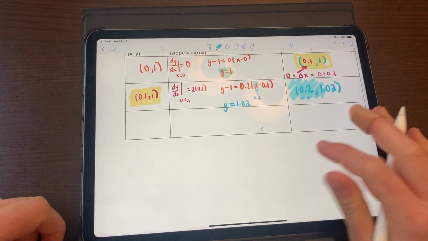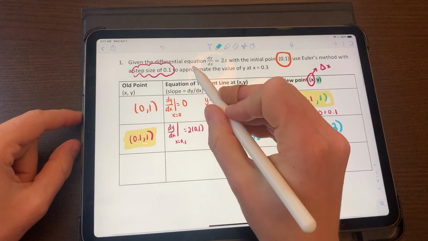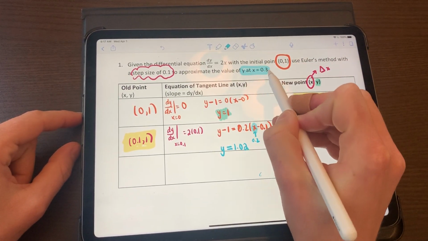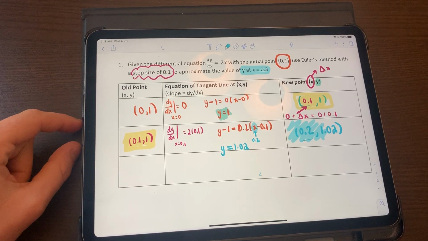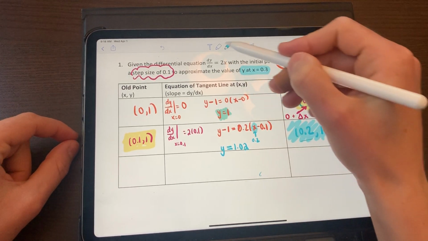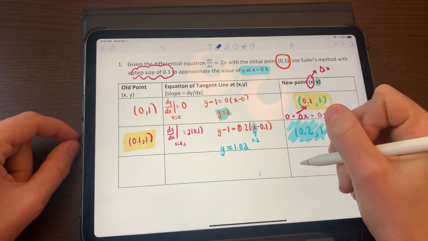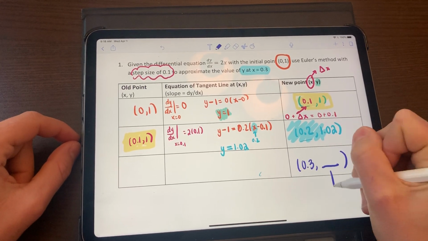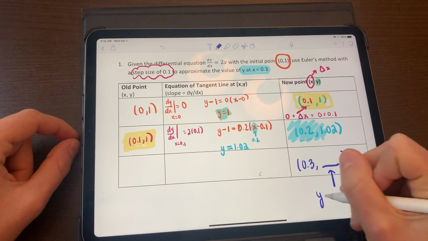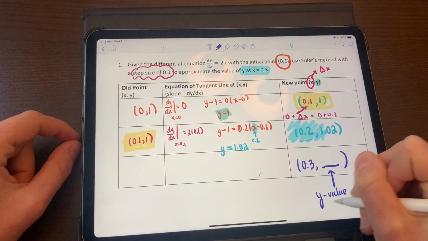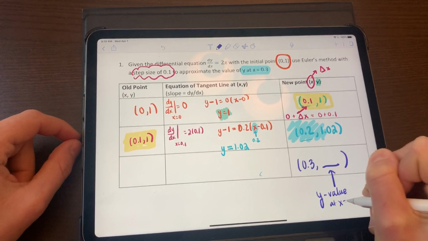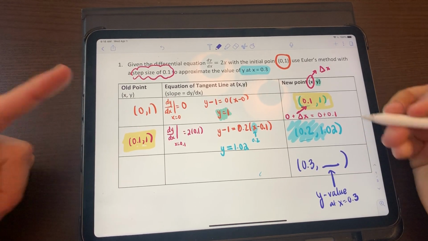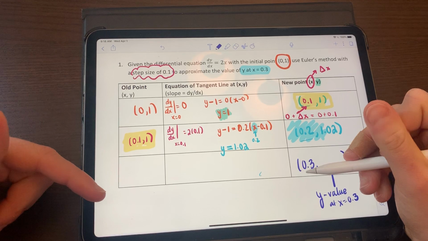Okay. So it wants us to approximate the value of y at 0.3. So we have to keep going until we have 0.3 comma something. And this is our y value at x equals 0.3. So we have to keep doing these steps until we get to 0.3.